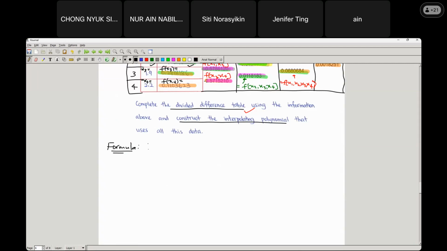The formula is Pn(x) equal to f(x0) plus f[x0, x1] times (x minus x0). Next we plus f[x0, x1, x2] times (x minus x0) times (x minus x1).